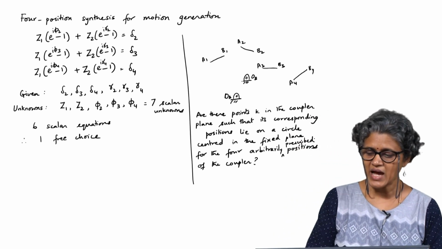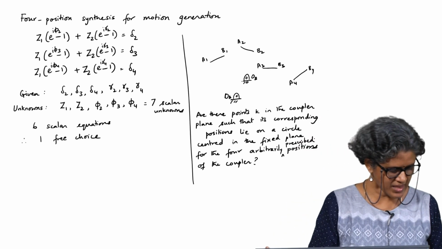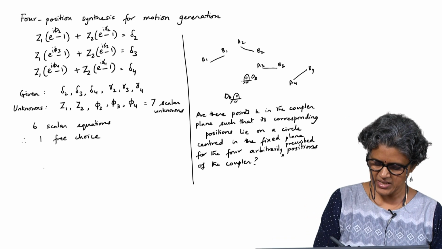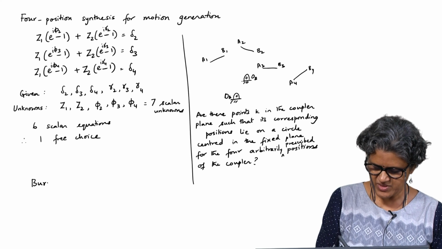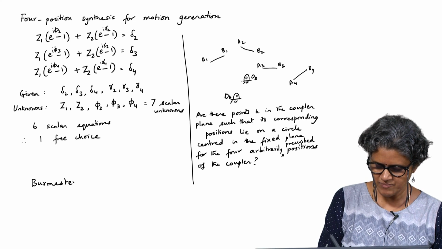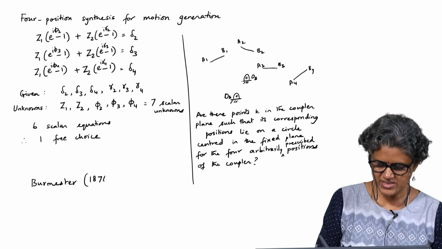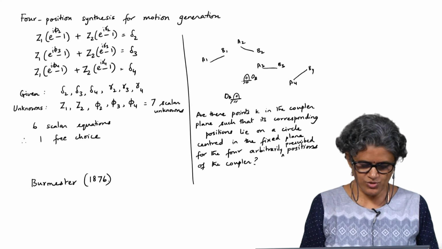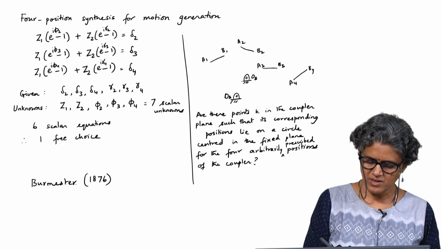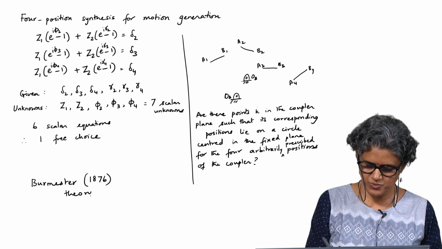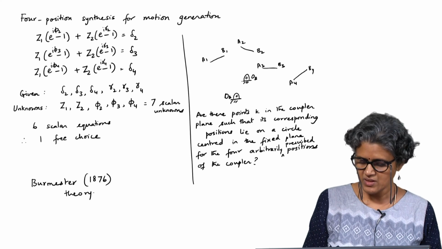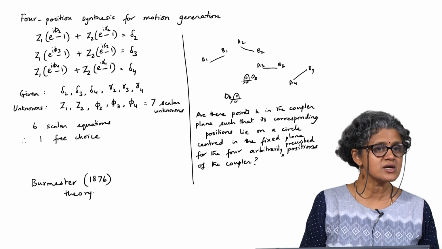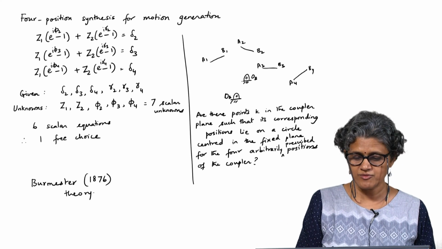Okay. So, that is the task that we have. So, this question was asked by Burmester. So, this theory is called Burmester theory, proposed in 1876, and he figured out the solution to this as well. It basically deals with the 4 position problem of motion generation.